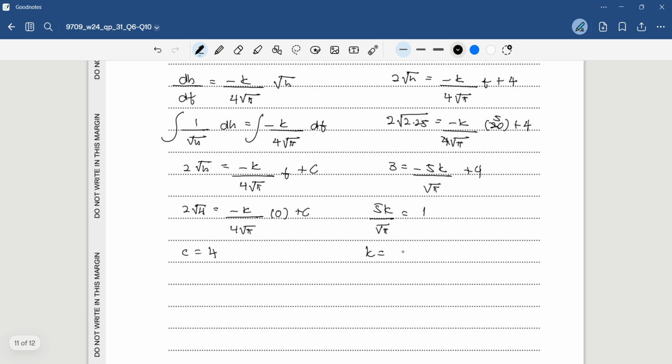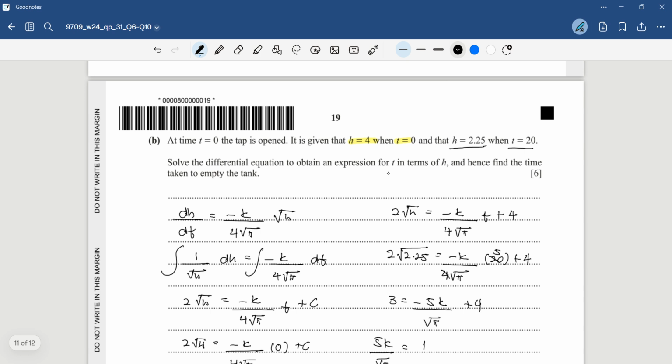Therefore my k equivalent to √π over 5. So 2√h equivalent to negative √π over 5 times 4√π t plus 4.